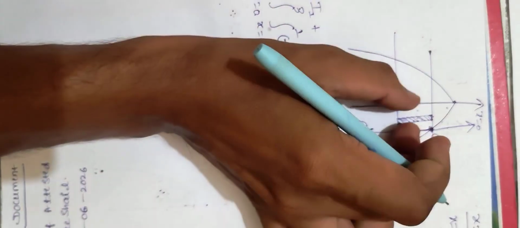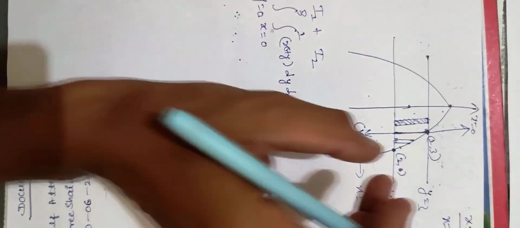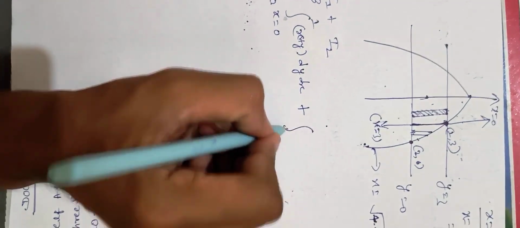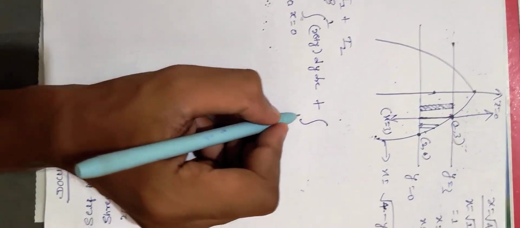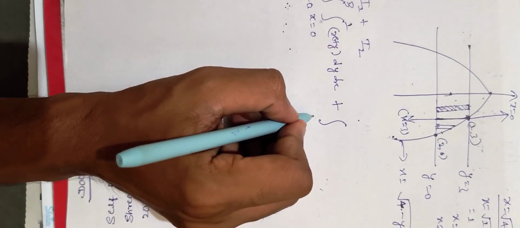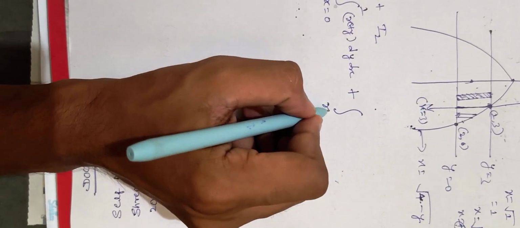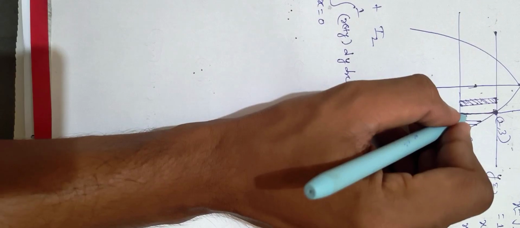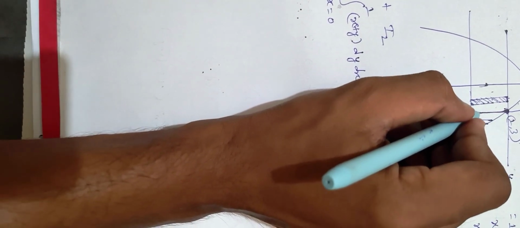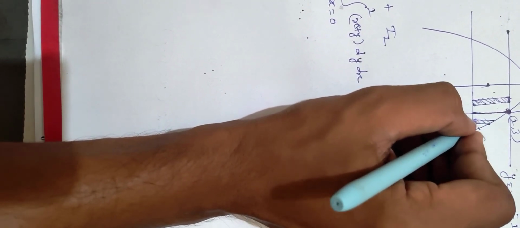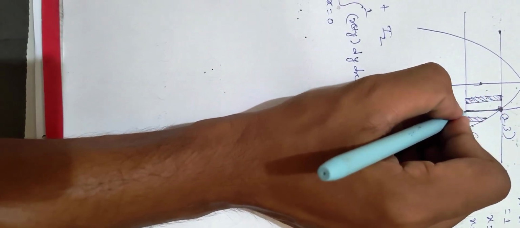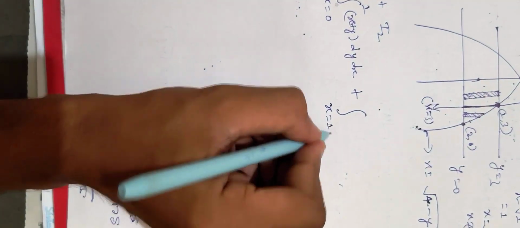So this is the first region integral. Next, similarly consider this integral. Again, x is running from the left-hand point of the strip; if you move this strip to the left-hand point, it becomes the line x equals 1, so x is running from 1.